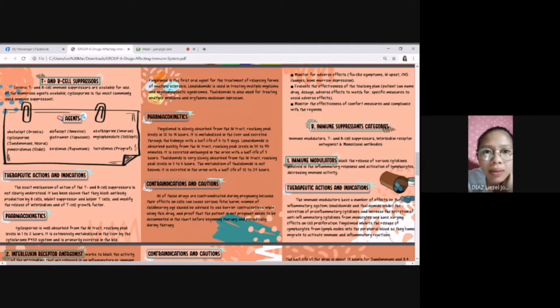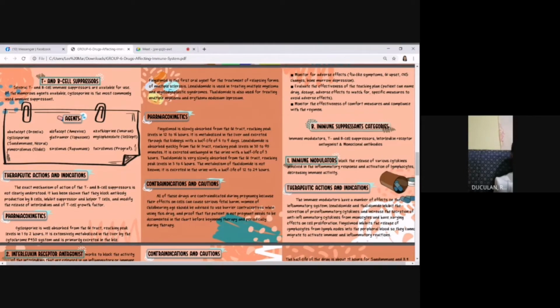Several T and B cell suppressors are available for use of the numerous agents available. Cyclosporine is the most commonly used immune suppressant. For the therapeutic actions and indications, the exact mechanism of action of the T and B cell suppressors is not clearly understood.